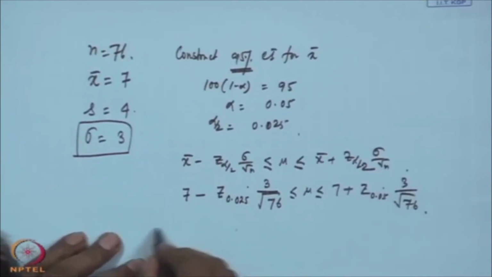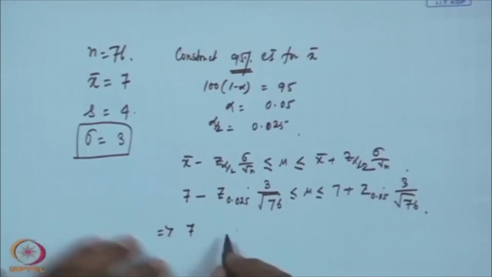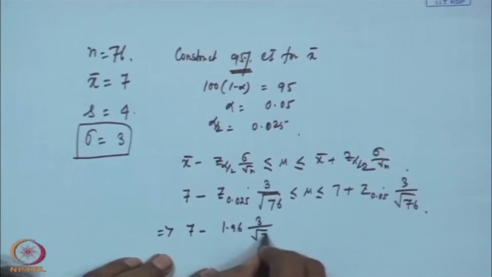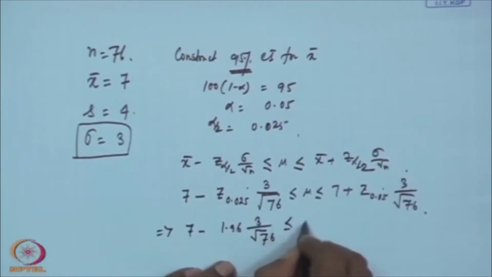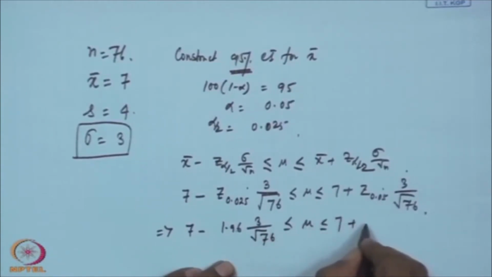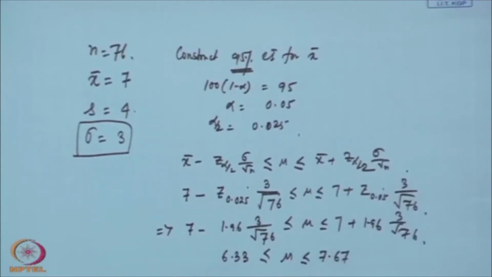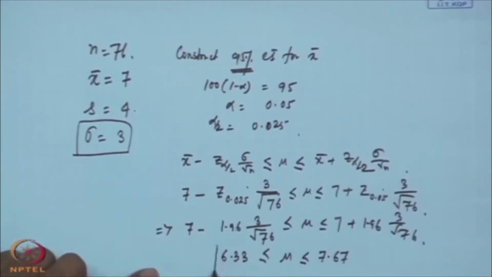So, I can write further that our interval is 7 minus 1.96 times 3 by root 76 less than or equal to mu less than or equal to 7 plus 1.96 times 3 by root 76, and the answer will be 6.33 less than or equal to mu less than or equal to 7.67. This is the confidence interval for mu.